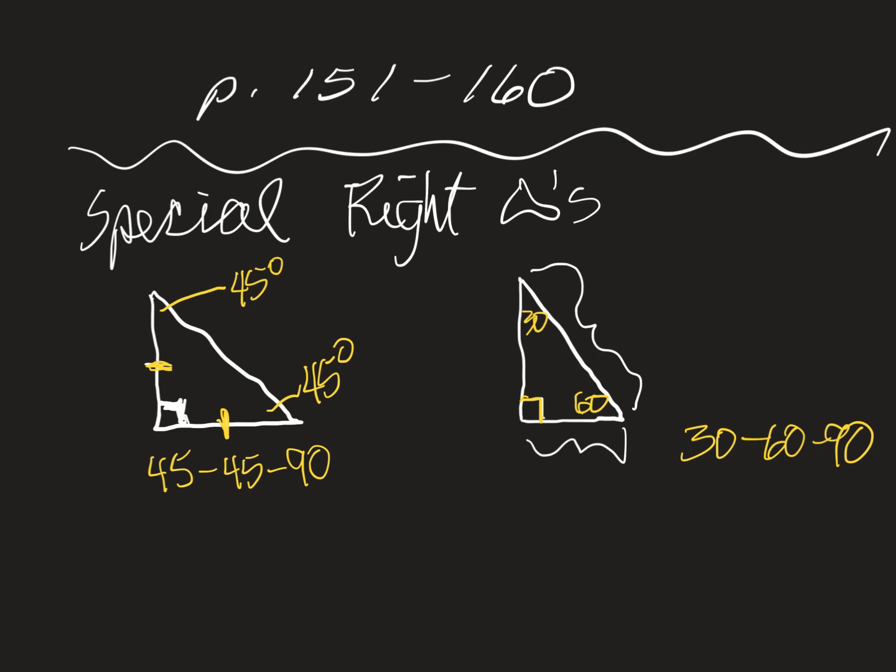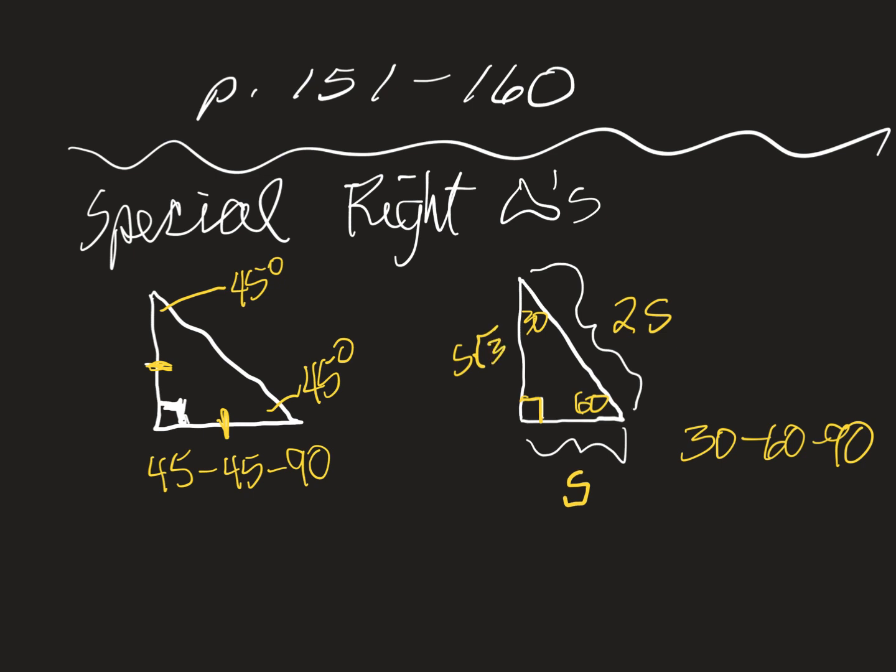And then the longer leg had a measurement as well. In fact, let's do these. In the 30-60-90, if I said the short side was S, then the hypotenuse was 2S, and the long leg would be S times the square root of 3. All right?